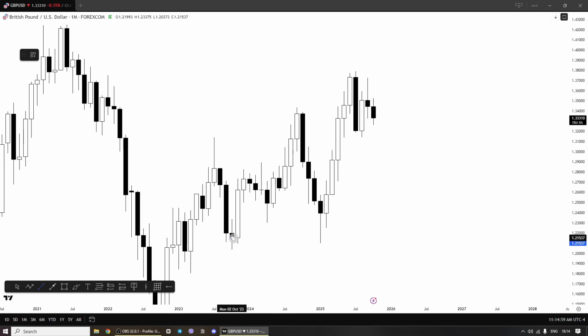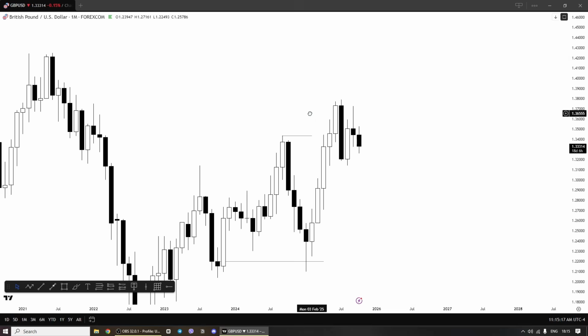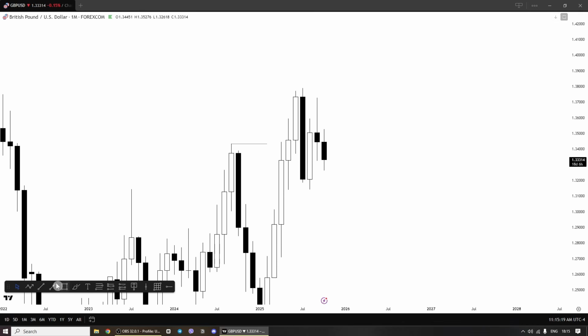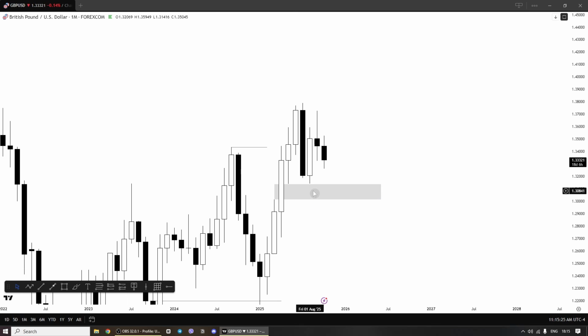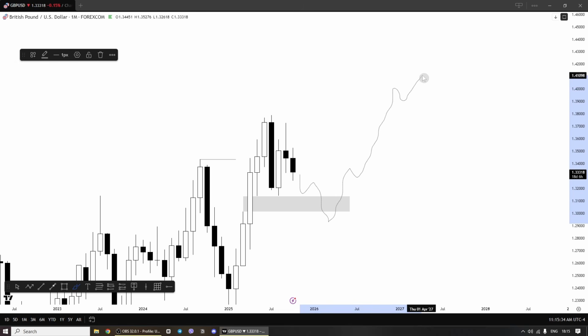We come from internal range liquidity, sorry, this OB, sponsoring a move up to our external drawn liquidity, we engineer a liquidity pool above an internal range liquidity key level, which is a fair value gap. This is why I want to see internal move to external move to next internal and to external.